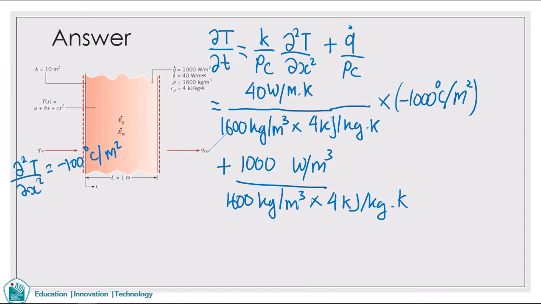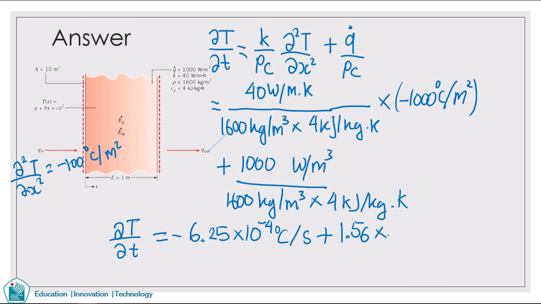So if you calculate it correctly, we will have the value of the first term equal to minus 6.25 multiplied by 10 to the power of minus 4 degrees C per second, and the second term will be positive 1.56 multiplied by 10 to the power of 4 degrees C per second.